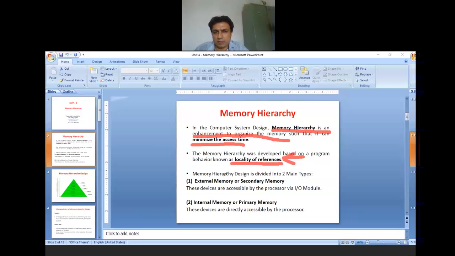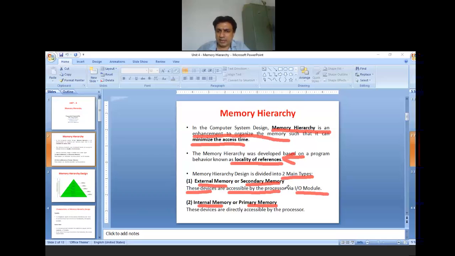The memory hierarchy design is divided into two main types. First is external memory or secondary memory, and the second is internal memory or primary memory. The secondary memory or external memory devices are accessible by the processor through input-output modules.